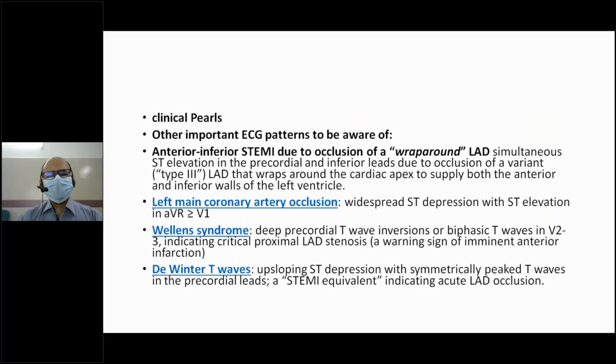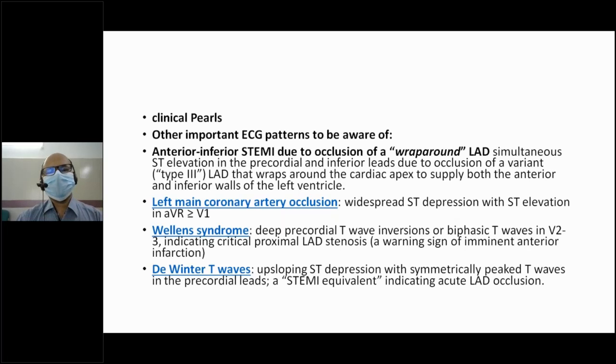And there are different patterns of ECG that sometimes indicate complicated left coronary artery or other coronary artery myocardial infarction. So this is not for you, but this is important.